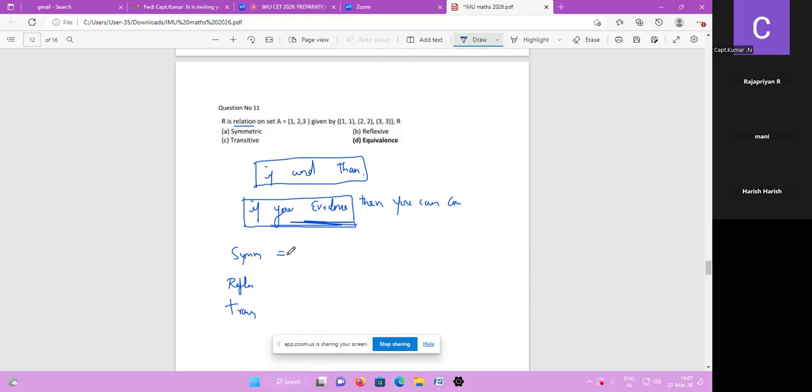Reflexive is nothing but you should have A comma A in your R. Symmetric means if A comma B is there, then your B comma A should be in R. Transitive means if you have A comma B and B comma C in R, then you have to worry about whether you have A comma C in R.